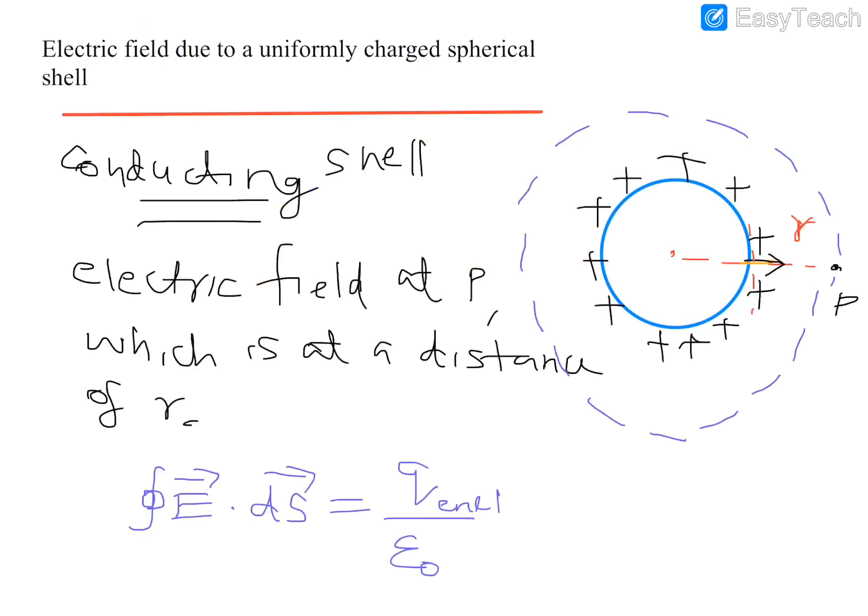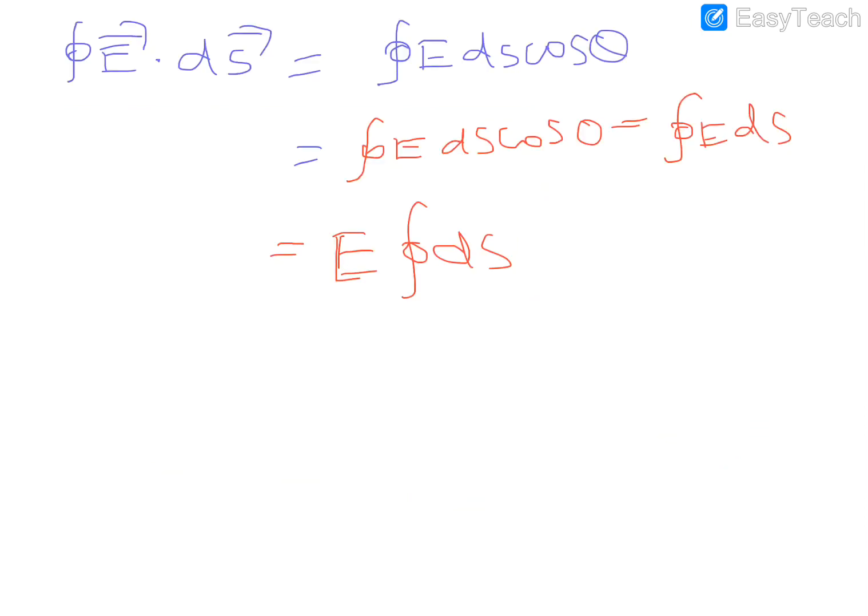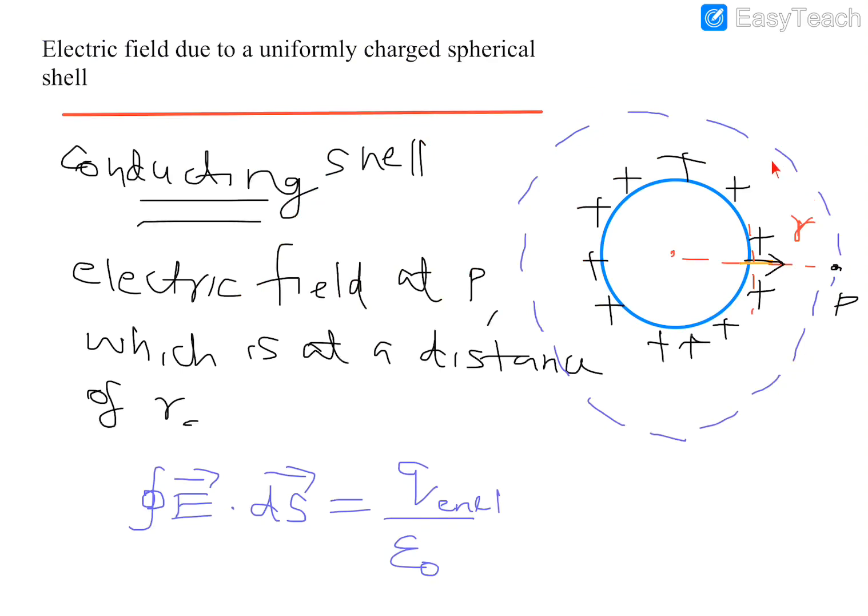Now if you check the diagram, this is your Gaussian surface. What is closed integral ds? That means you are adding all the ds. That is the meaning of closed integral ds for the closed surface. Your closed surface is the Gaussian sphere of radius r.